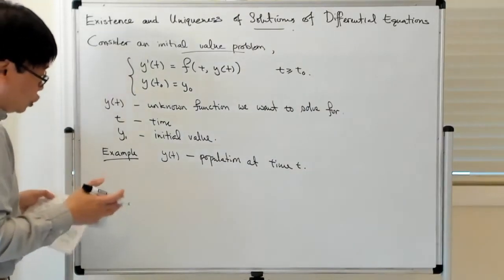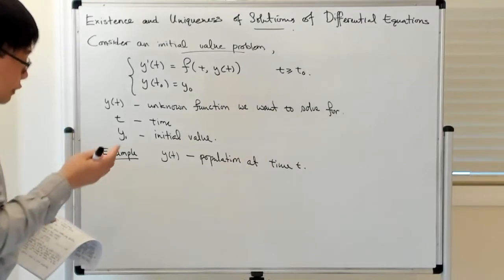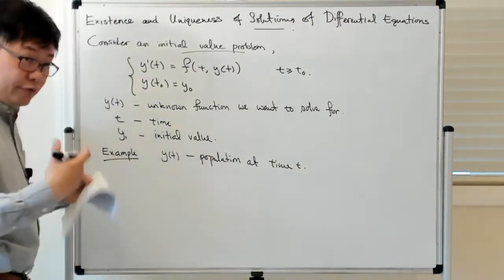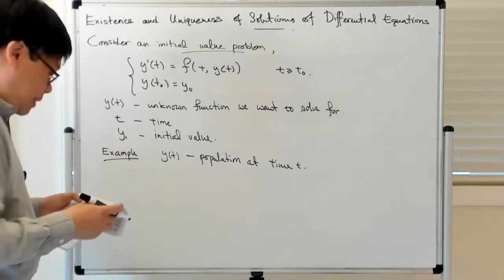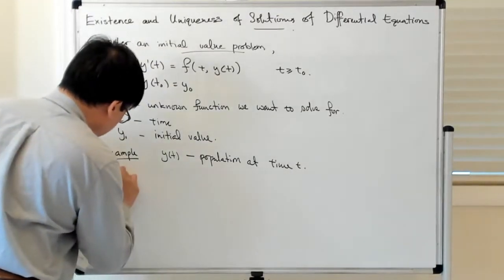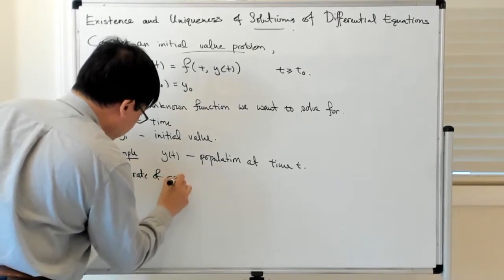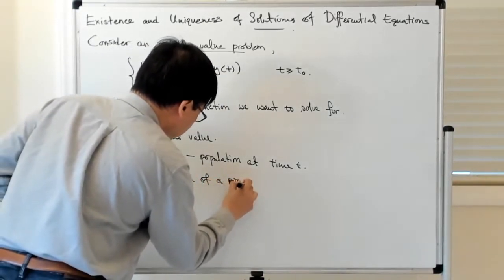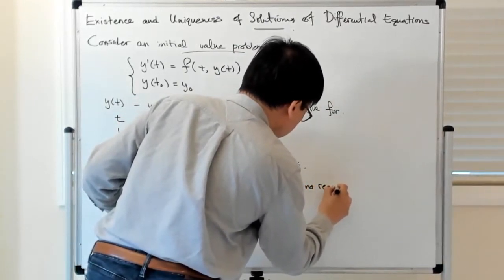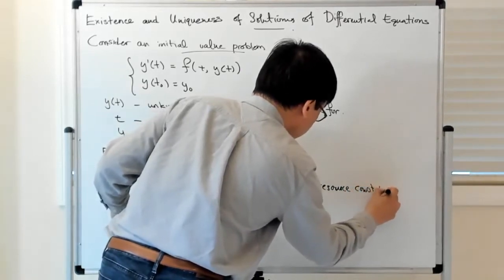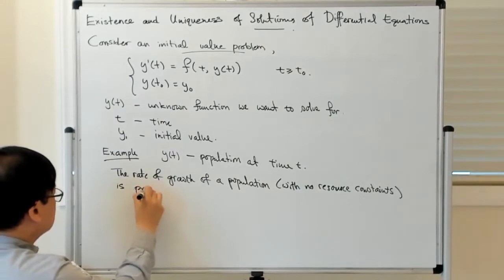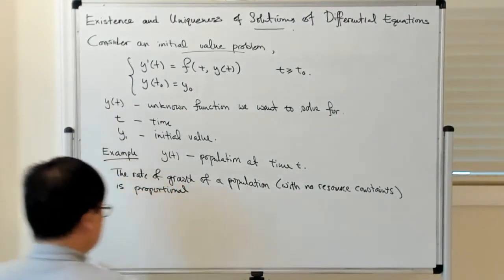The models for this involve the growth of the population, and one reasonable assumption is that the rate of growth of a population with no resource constraints is proportional to the size of the population.